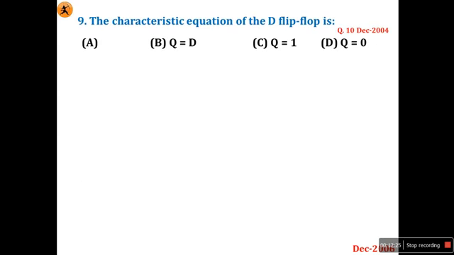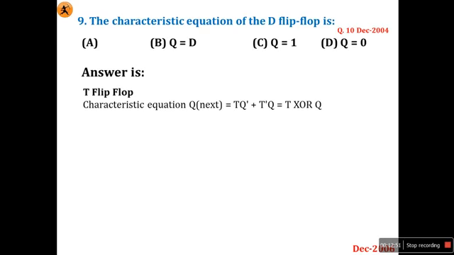Now look at the characteristic equation of a D flip-flop. Already I have explained this in December 2004, question number 10. In 2004 they asked the characteristic of JK flip-flop, but here they asked the characteristic of D flip-flop. It may be SR flip-flop in future, but you should know all the characteristics of all flip-flops, because anytime it may change, only the name of the flip-flop changes.